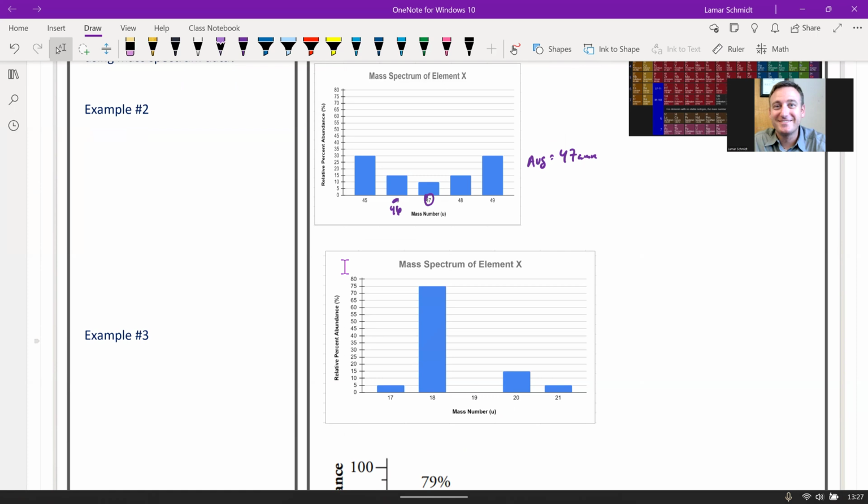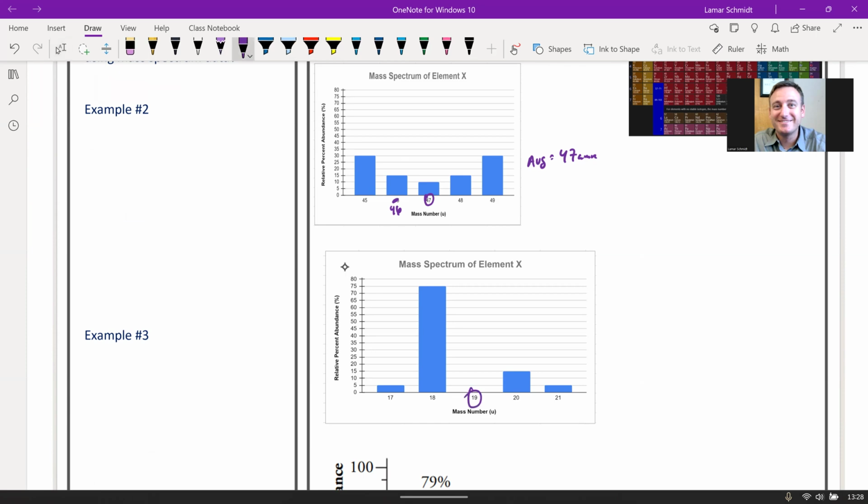How many isotopes of X19 exist? 0. Wow, that was a hard question too, wasn't it? So there are no isotopes of X19. So where would we find our normal average from this range? At 19. There's our normal average.